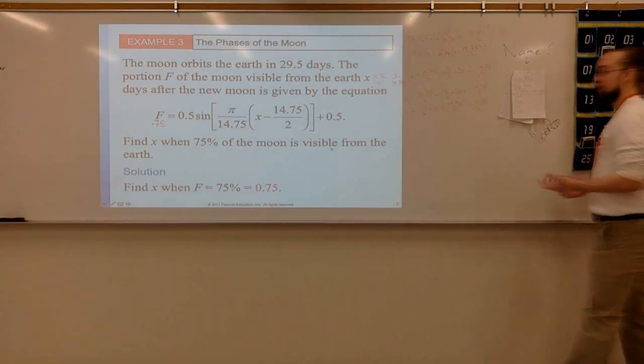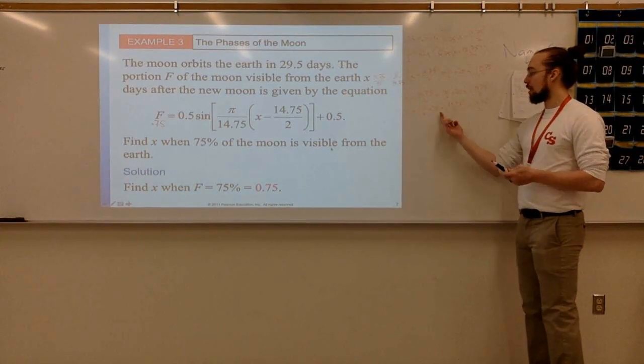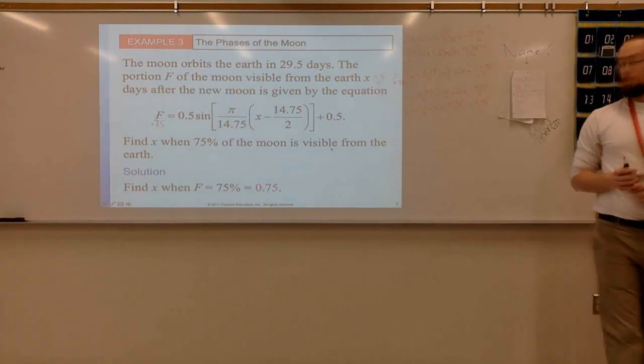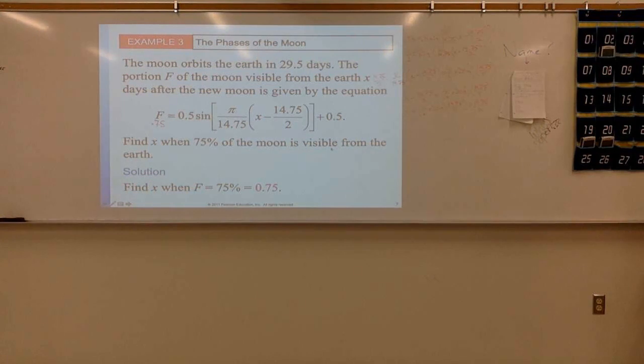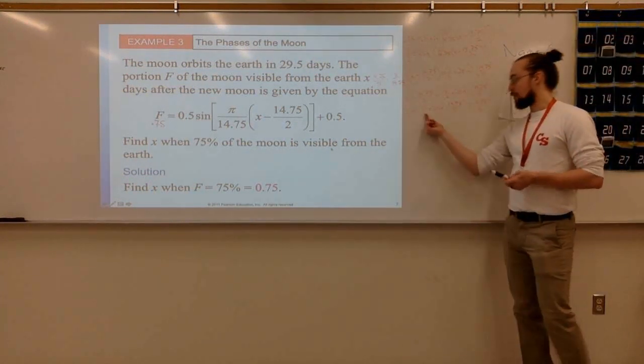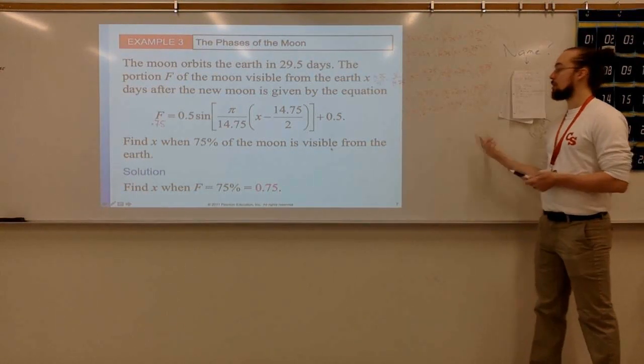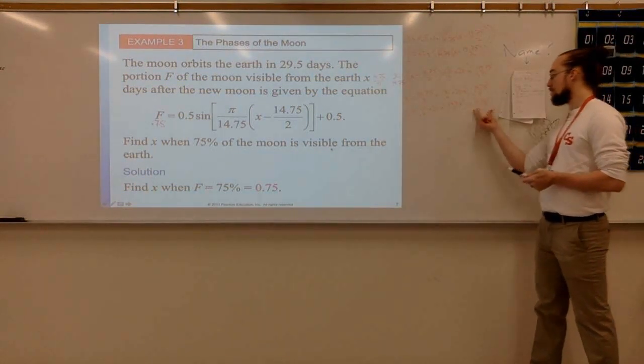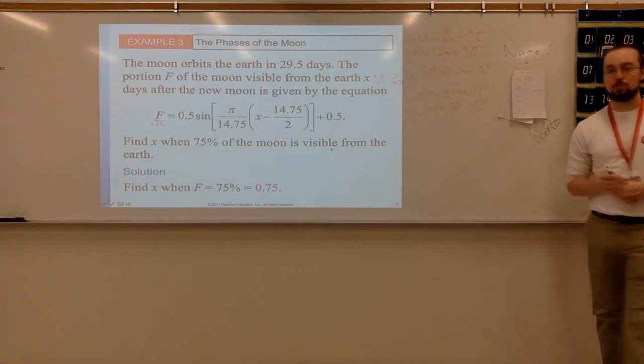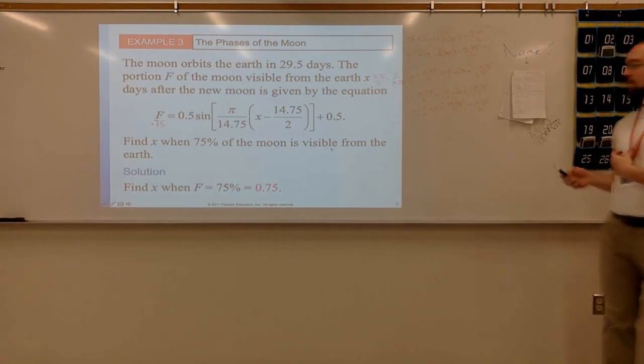If I start by plugging in 0 for n, we would just have pi over 6 times 14.75 over pi plus 14.75 over 2. So type that into the calculator here.